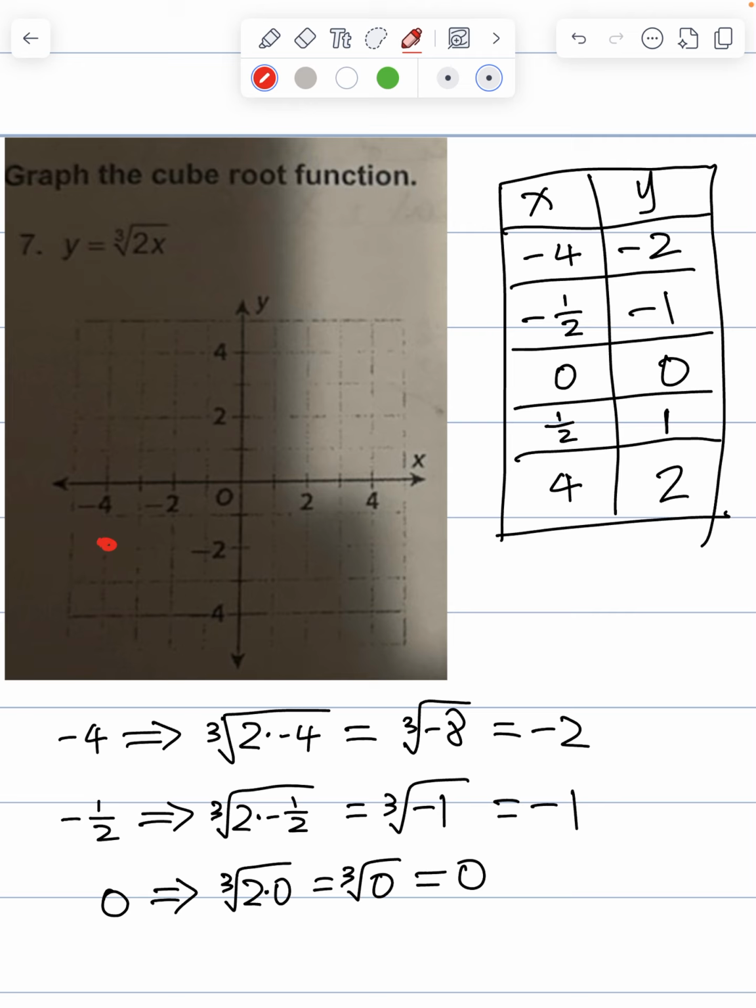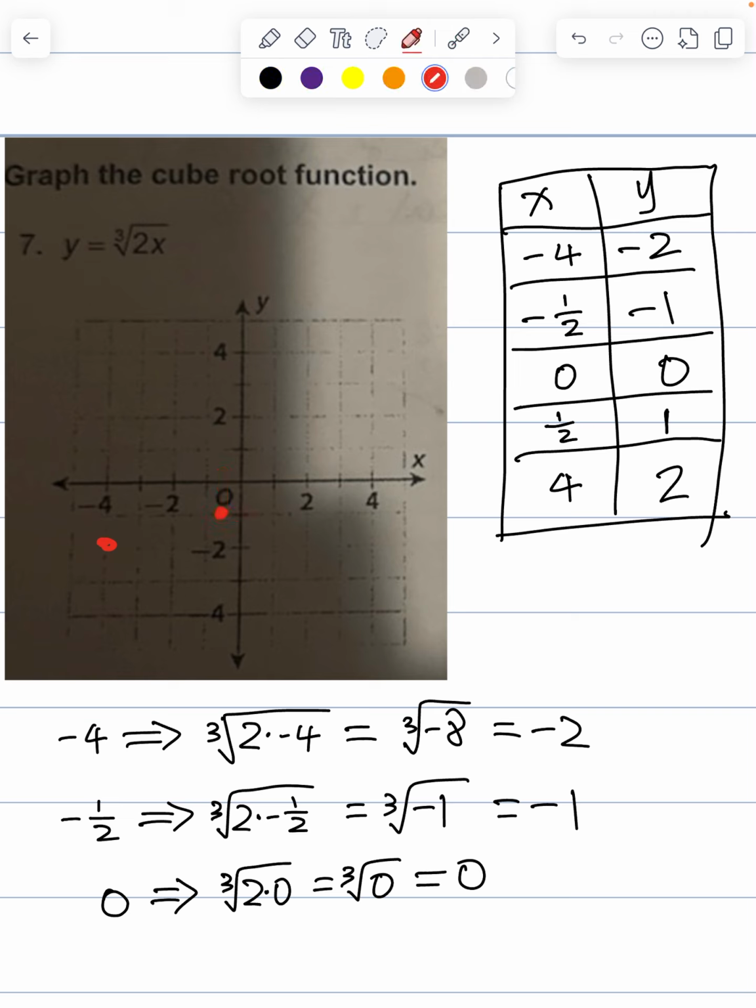And then x equals -1/2, y equals -1. So this is -1, and -1/2 should be here. So x equals -1/2 and the y value is -1 right here. Yeah, so this is the point.